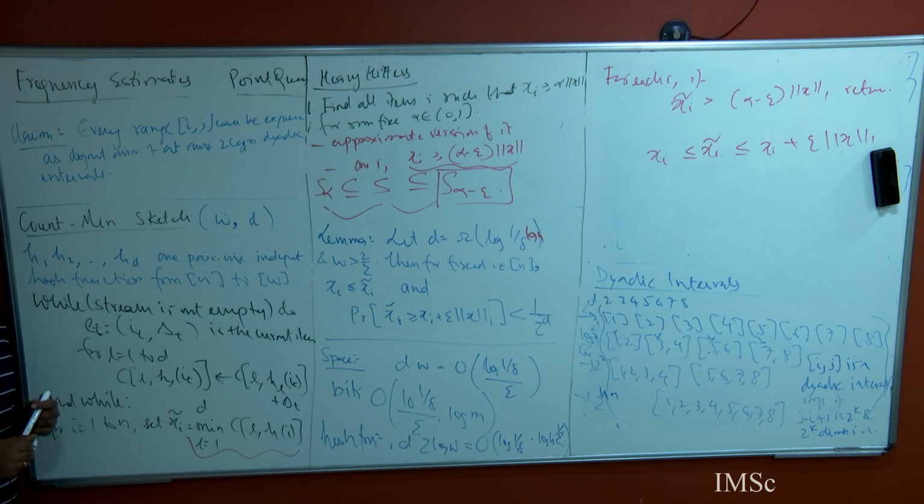So how can we do better? Do you get my question? The way we did it for range queries, I would like to do something for here. How will I go about doing it?